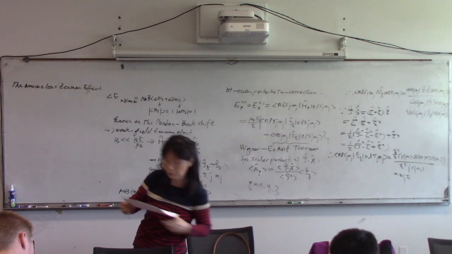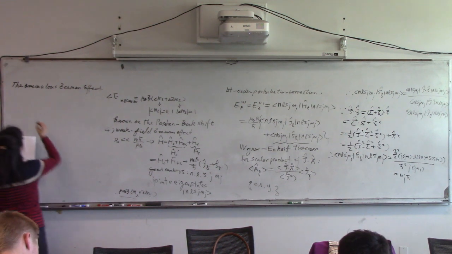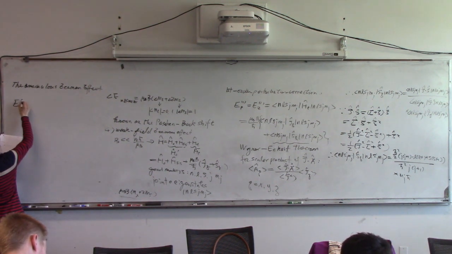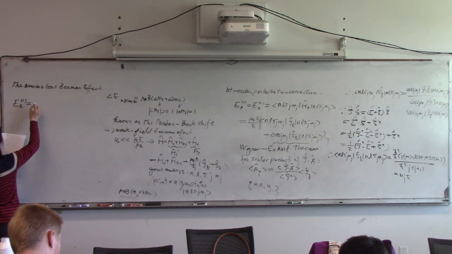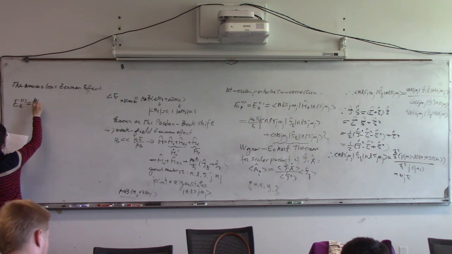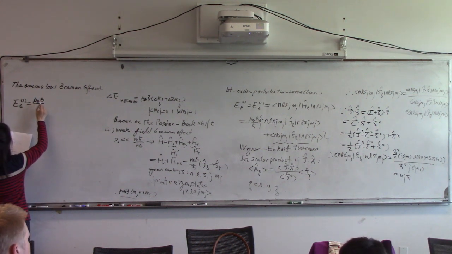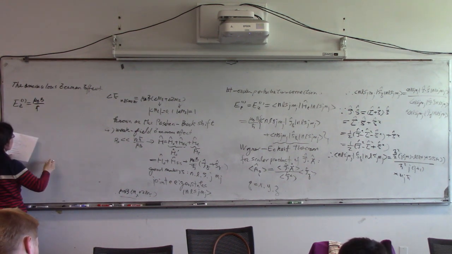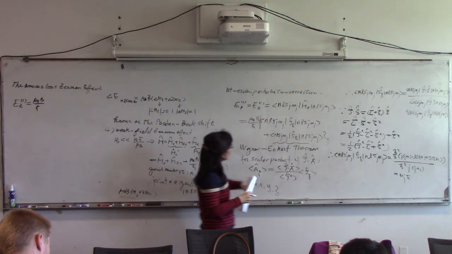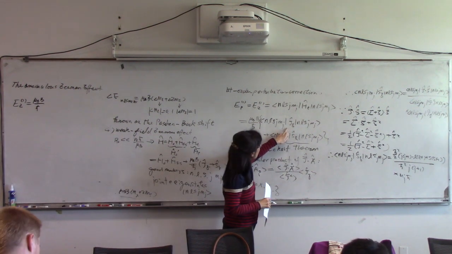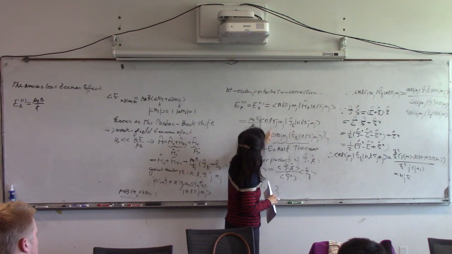Add those terms together. So E_Z1 is μ_B over ħ. Now here, the first term is m_j ħ, right?